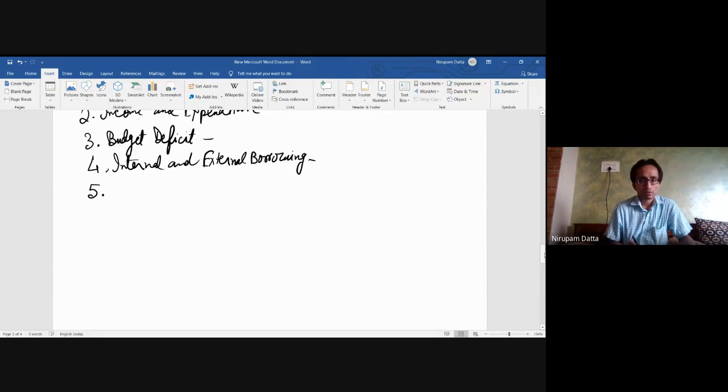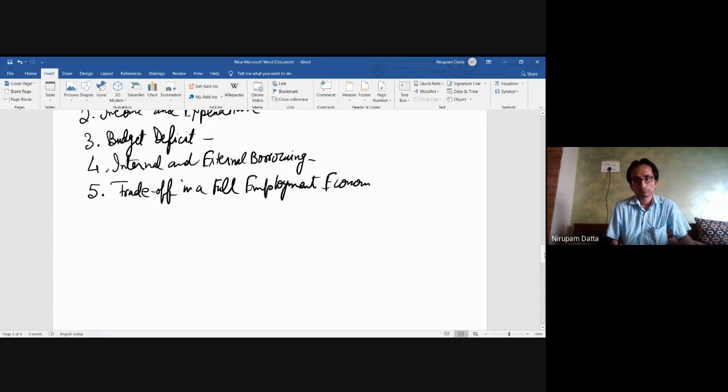Next comes your trade-off in a full employment economy. As an individual industry, you can offer more wages and incentives to attract resources from other industries to increase production in your industry.